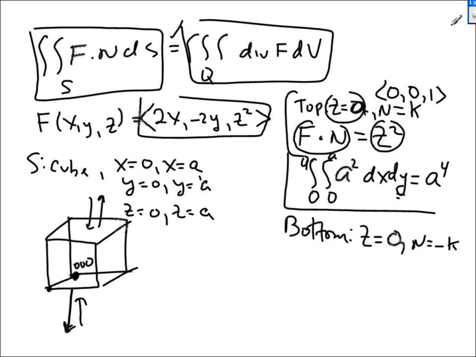Then F dot n, where n is 0, 0, negative 1: negative 2x times 0 is 0, plus negative 2y times 0 is 0, plus z squared times negative 1, that's negative z squared.